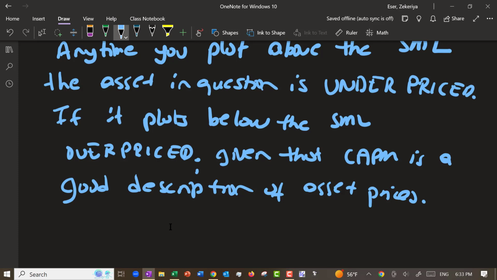I mean, in science, not that I consider finance a hard science, you always have models of things, okay? A model or a theory is as good as the predictions it makes. CAPM makes very specific predictions.